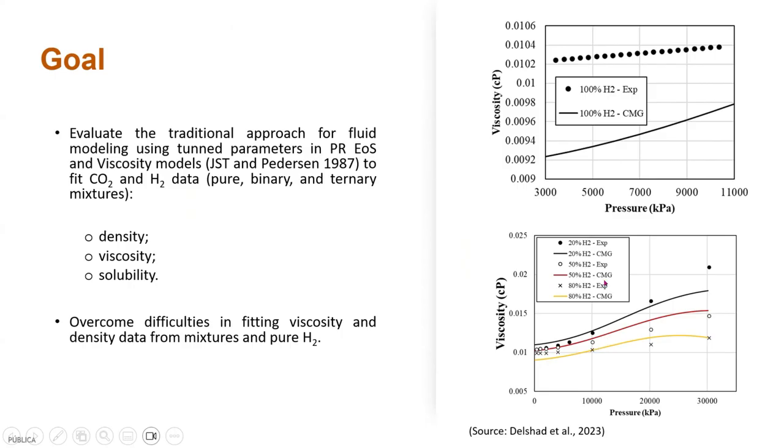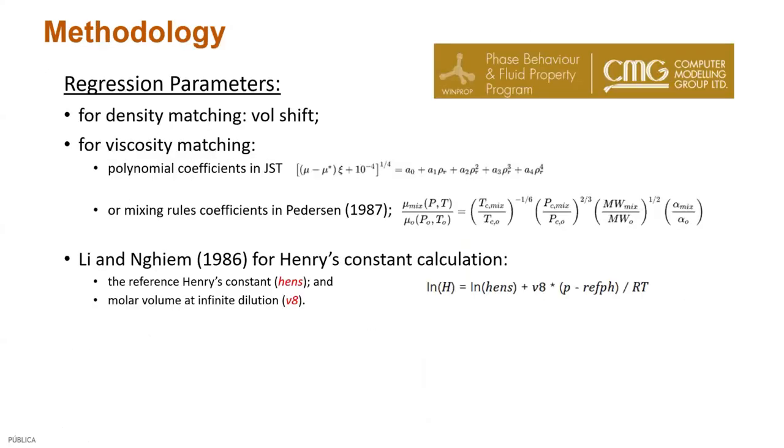Sometimes it's very hard to combine both fittings, because you can fit the mixture but you cannot fit the pure component. So the challenge is to get both fittings at the same time, with the same viscosity model. We did this using the methodology that I explained last class.